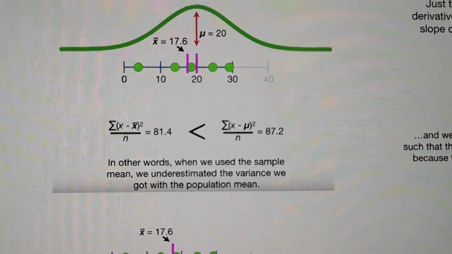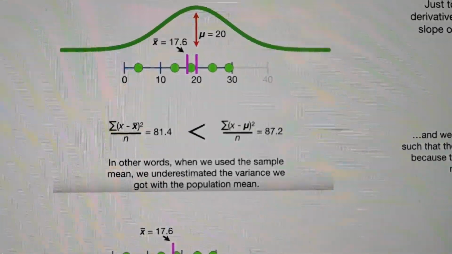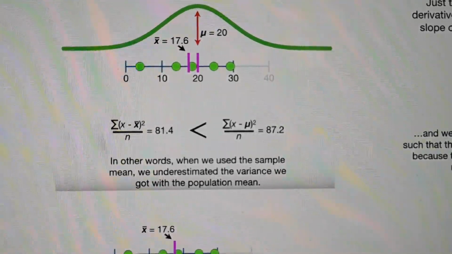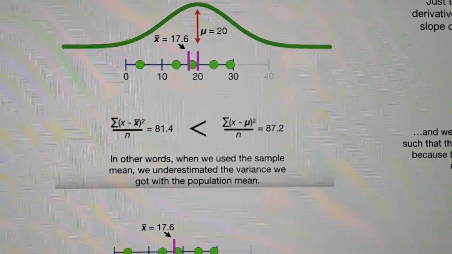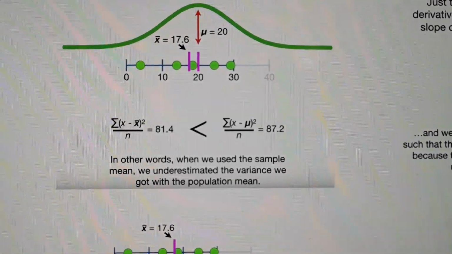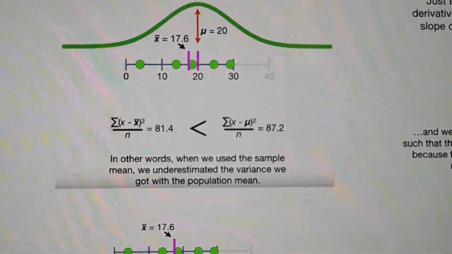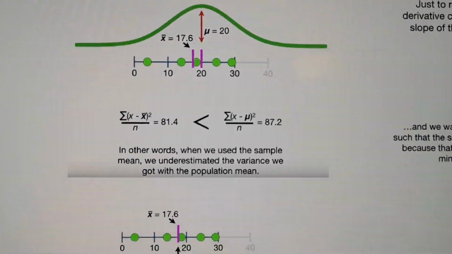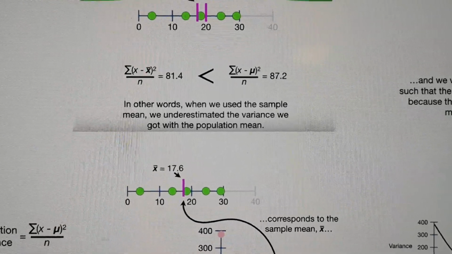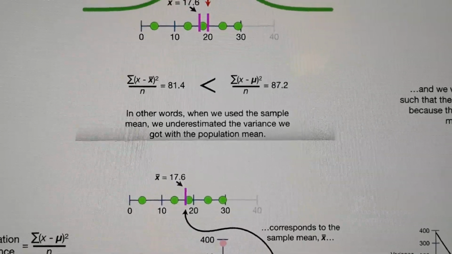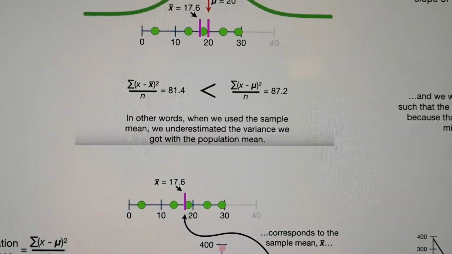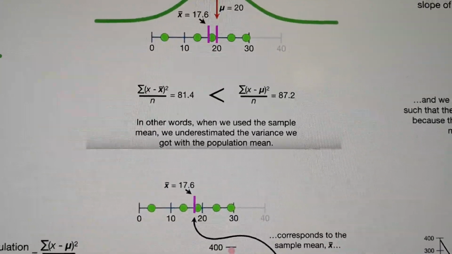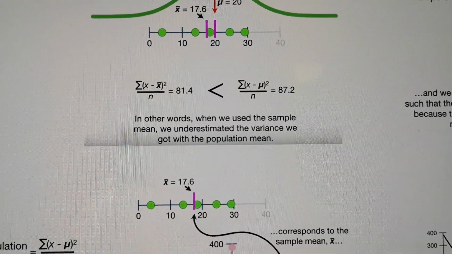So if we divide by n minus 1, then it gets closer. When we use the sample mean, we underestimate the variance we got with the population mean. That's why we divide by a smaller number, to move it closer to the true value of the population variance.